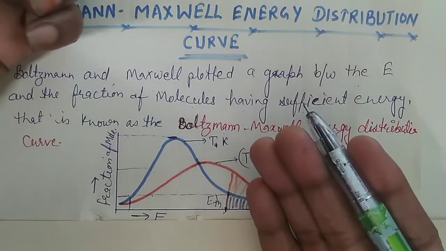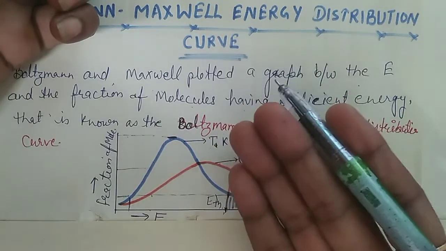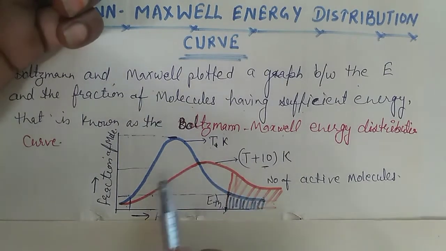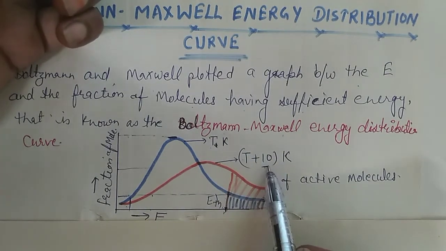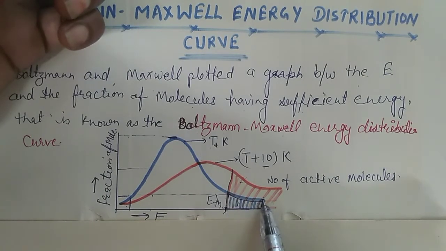As collisions increase, the activation energy is easily obtained by the reactant molecules, and they cross the ETH or threshold energy and can easily convert into product. So with an increase of 10 Kelvin in temperature, the number of active molecules becomes 2 to 3 times. This is the number of active molecules at T Kelvin, and this is the number of active molecules at T plus 10 Kelvin.